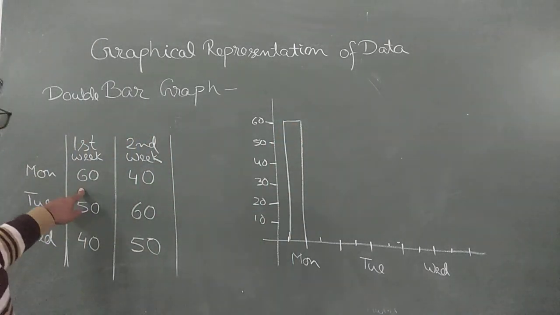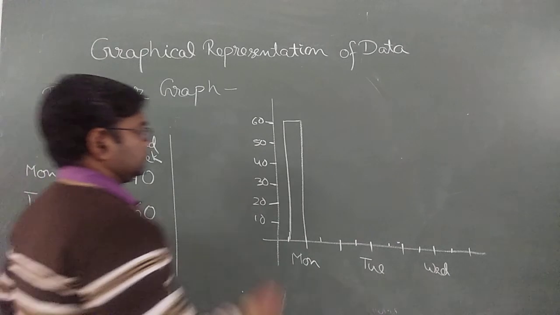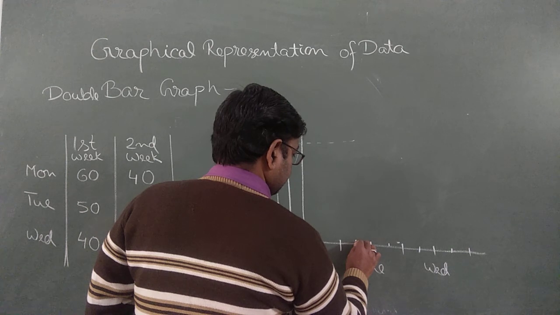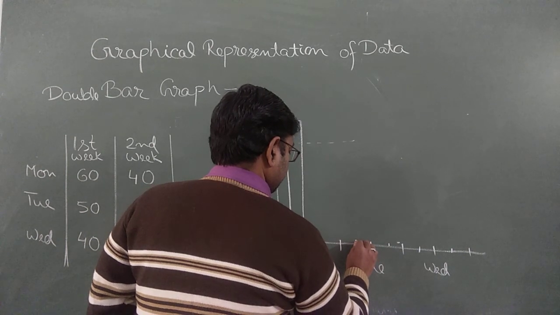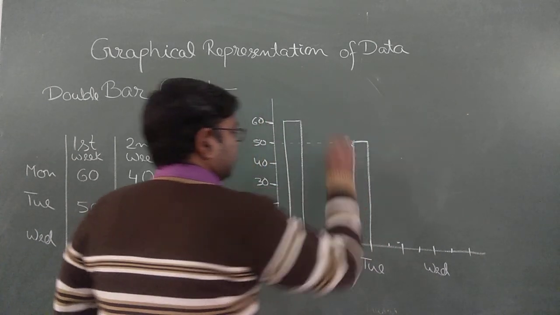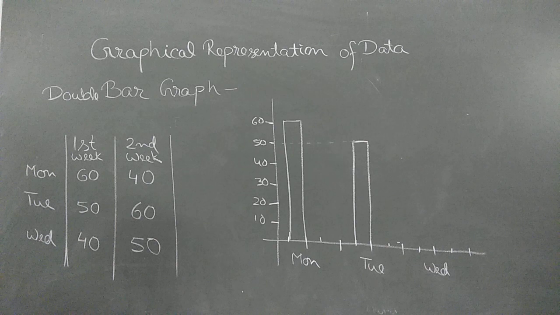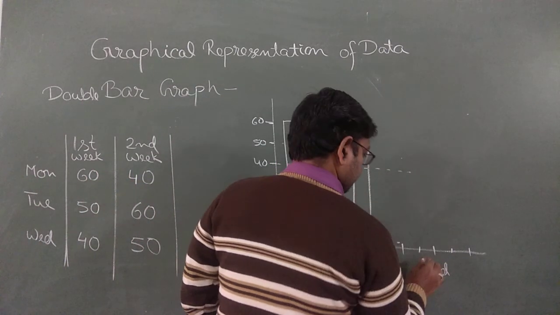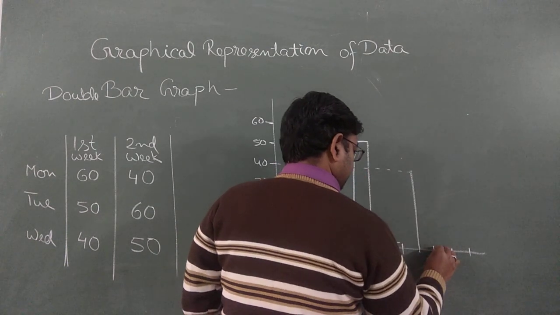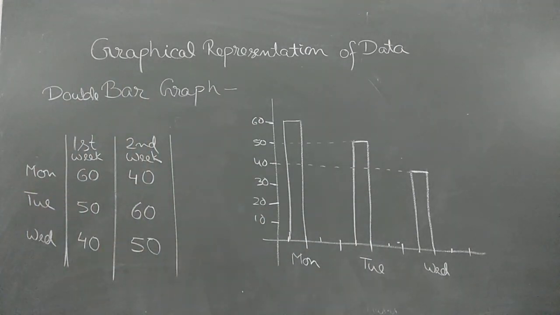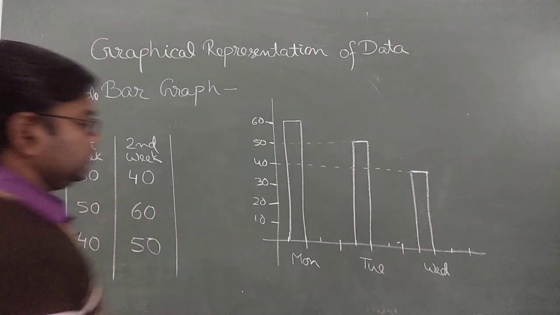On Monday it's 60, on Tuesday it's 50, on Wednesday it's 40. This is for the first week. Now about the second week, on Monday attendance is 40.